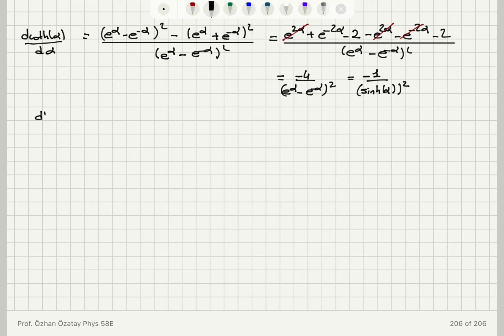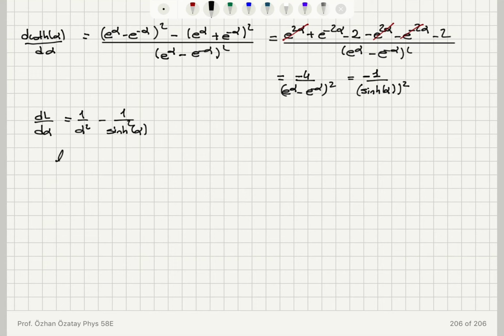Therefore, the derivative of the Langevin function with respect to alpha is 1 over alpha square minus 1 over sine hyperbolic alpha square. Okay, so let's take a look at what happens to this derivative as alpha goes to infinity.